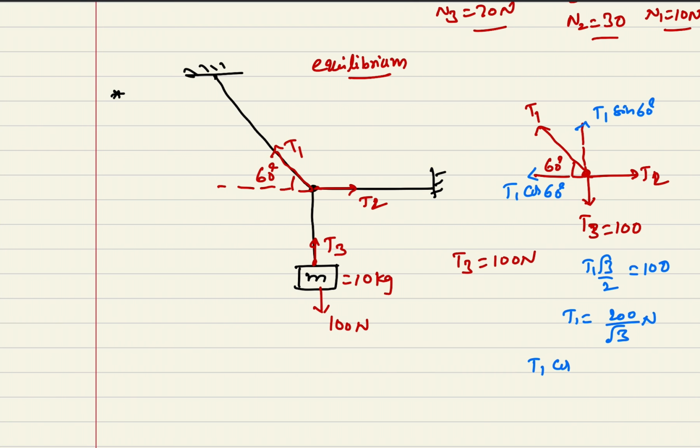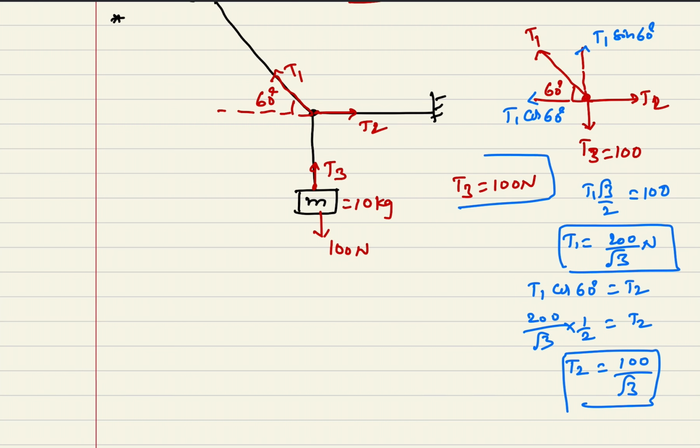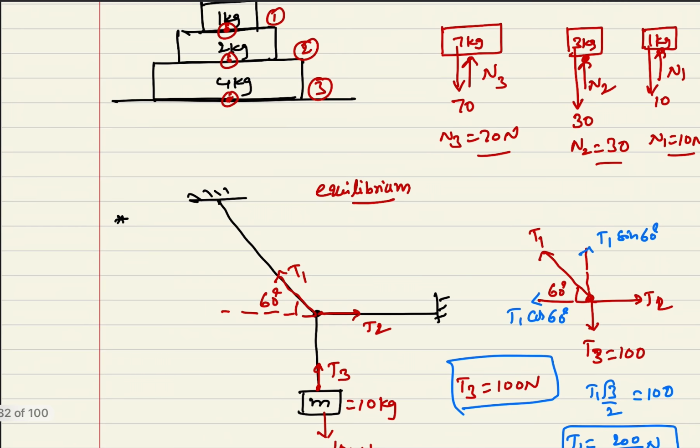Similarly, I can write T1 cos 60 degrees is equal to T2. T1 value I know, 200 divided by root 3, into 1 by 2 is equal to T2. I can get the value of T2 is equal to 100 divided by root 3. So in this way you can calculate the T1 value and the T2 value as well as the T3 value.